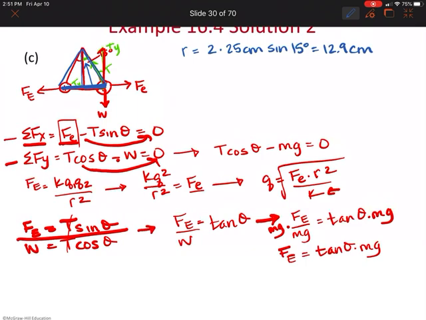It's not that far. Now you can actually plug all of this stuff into this equation.